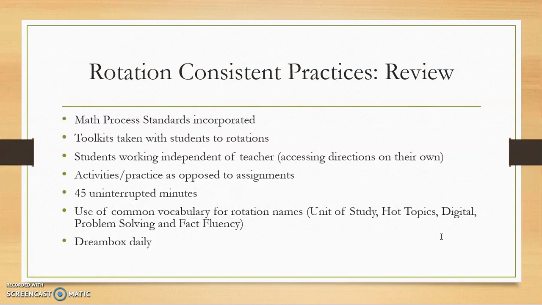So incorporating the math process standards, encouraging students and creating the habit where they take their toolkits with them to any and all rotations, encouraging an environment where students are working independent of you, so teaching them how to troubleshoot if there are issues, what to do if they're not sure where to go, what to do if they have finished something, teaching all of those procedures ahead of time so that when rotations are up and running, you can focus on small group.